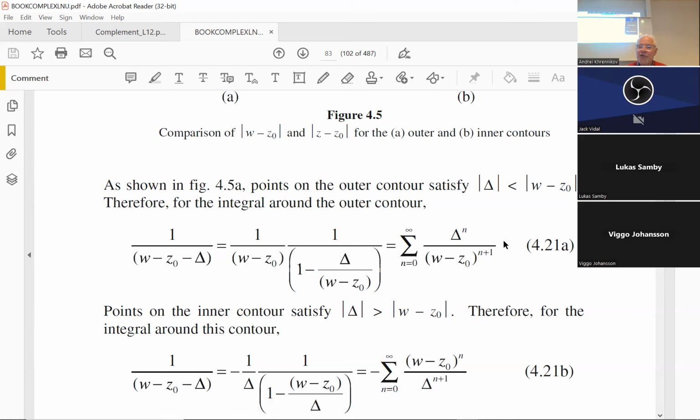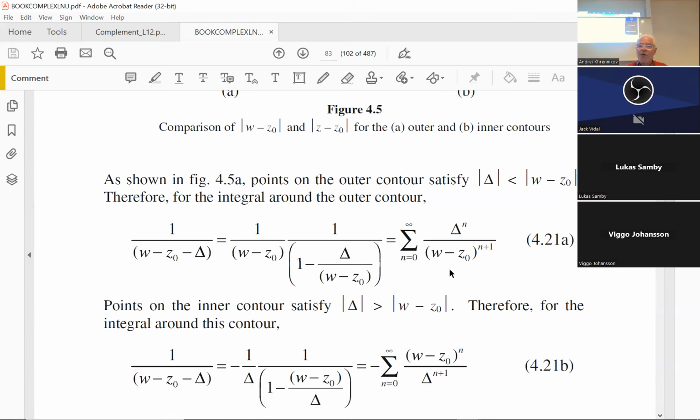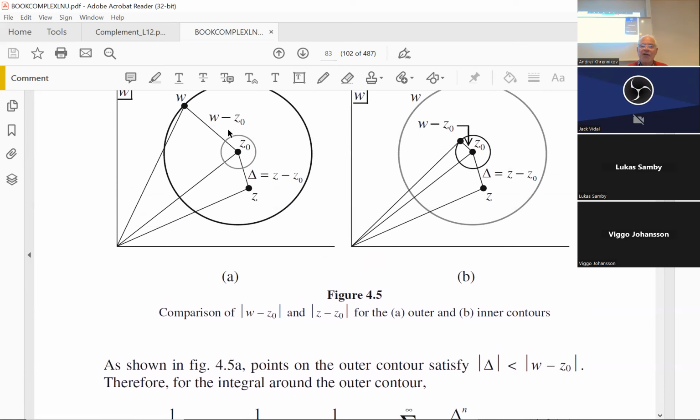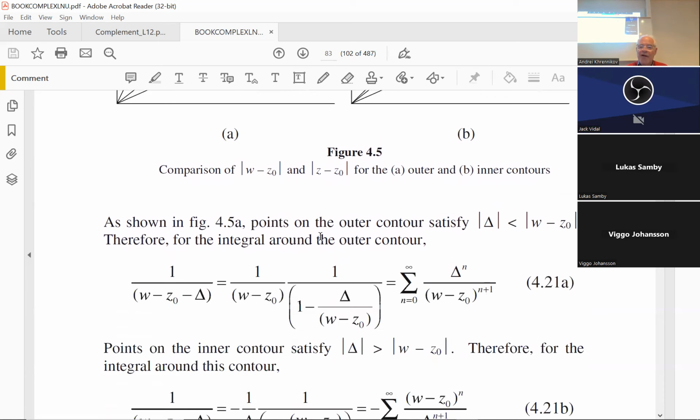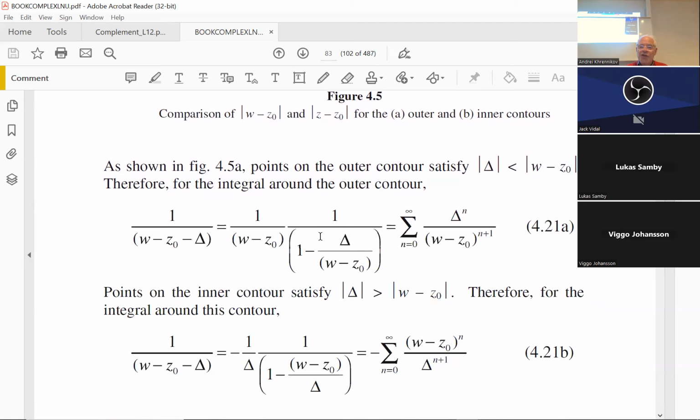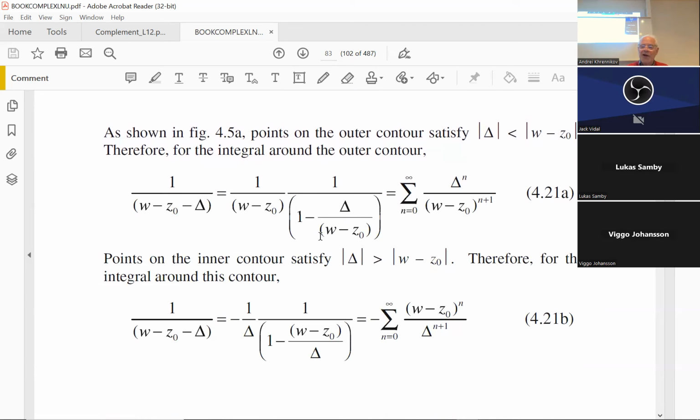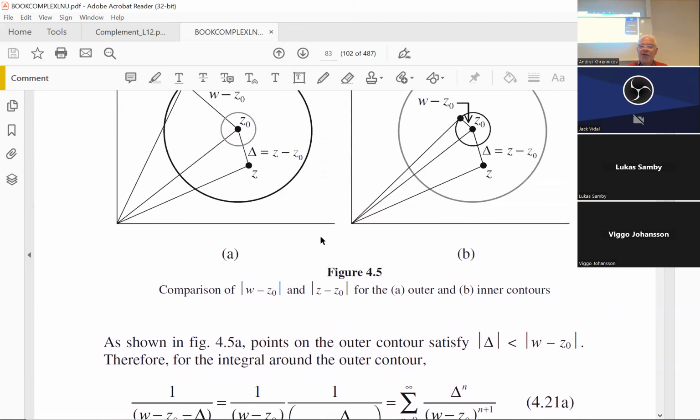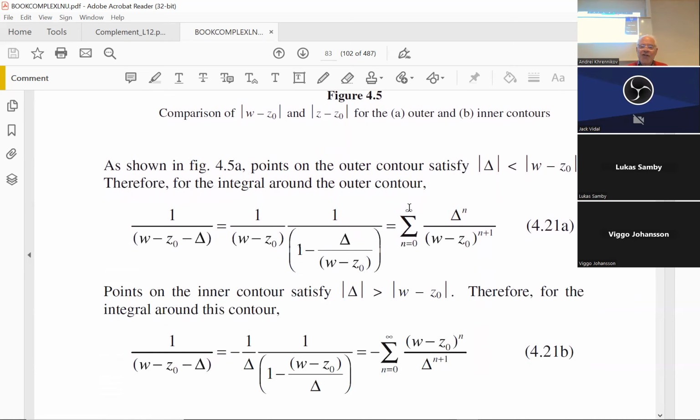So this is for the outer contour, as was before. For the outer contour, it is the same as was before. We use this geometric progression, but now we go to the inner contour, the contour which is inside. In the contour which is inside, we have the inequality in another direction.